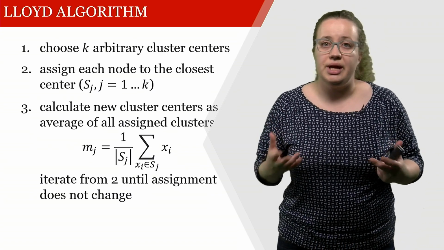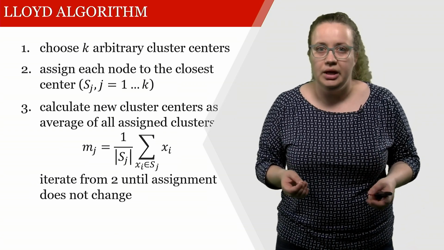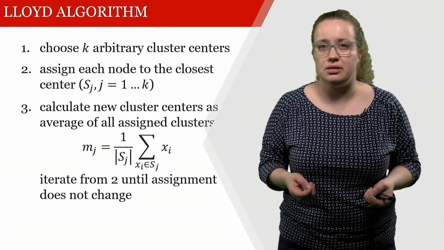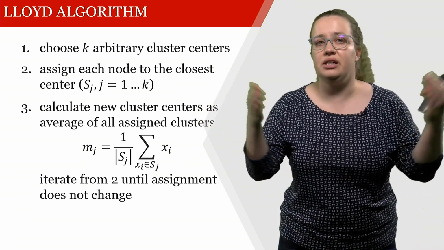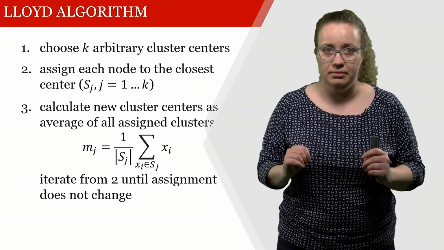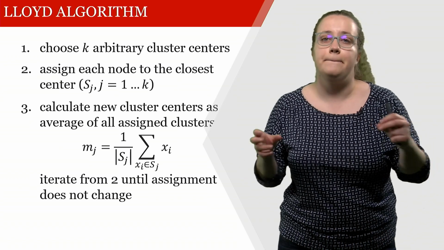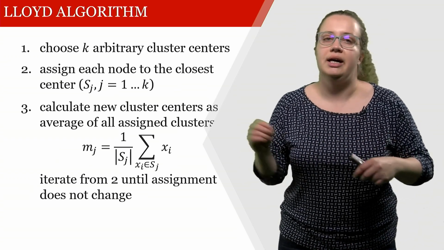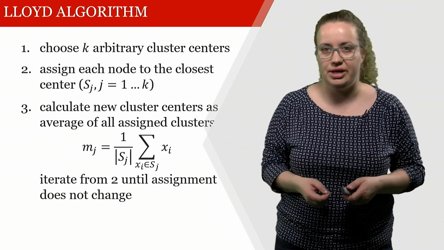So let's look into an algorithm that allows us to do this, and this is the Lloyd algorithm. We first choose k arbitrary cluster centers, so we just place our k clusters somewhere. Then we assign each node to the closest center, and then we calculate the new cluster centers as the mean of everyone who was assigned to this location. And then we iterate from there until the cluster centers don't change anymore.